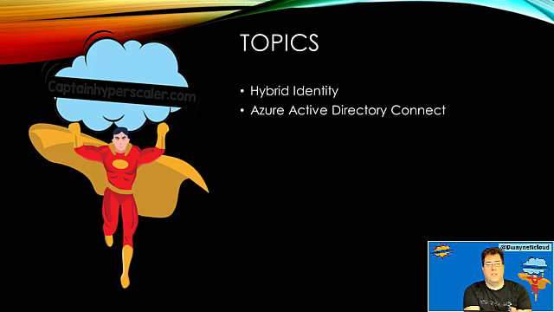We talked about differences, I think in our second video, between Azure Active Directory and Active Directory domain services. But today we're going to really cover how we can utilize those both together within our environment, as many enterprises are going to want to do.